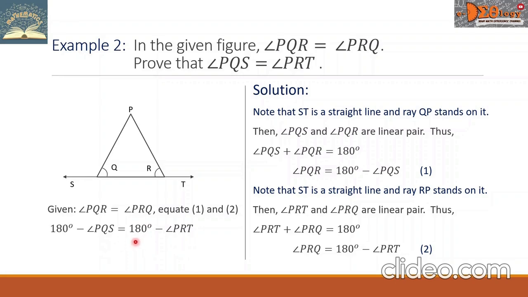From here, we can cancel the 180 degrees from both sides. And then, we multiply this equation by -1. So we can see that the angle PQS equals the angle PRT.